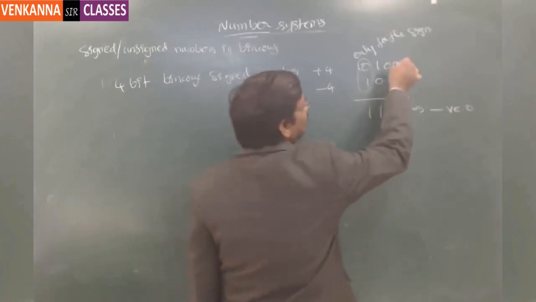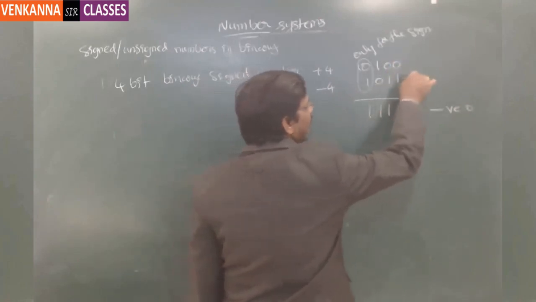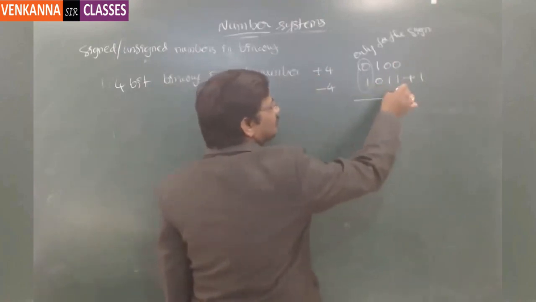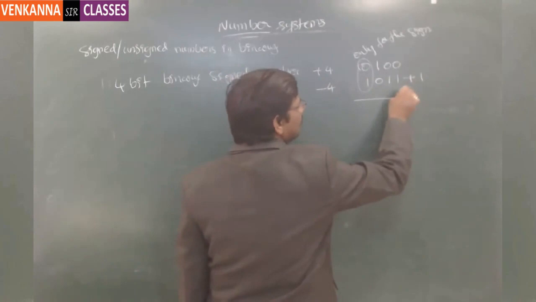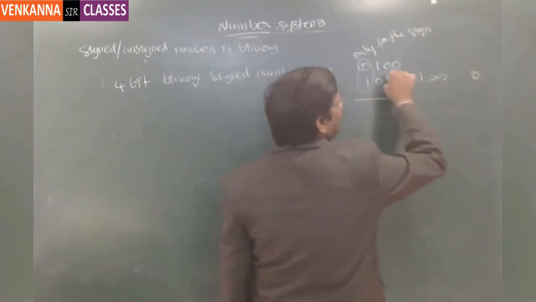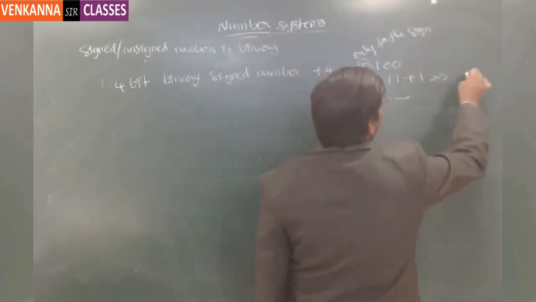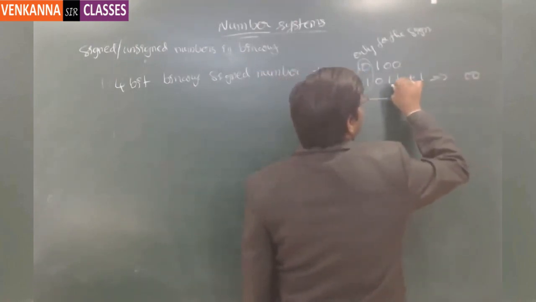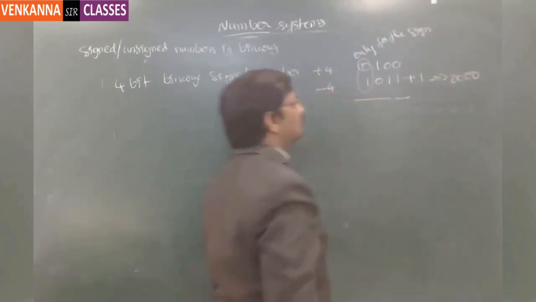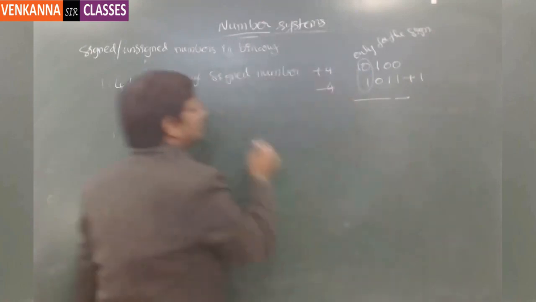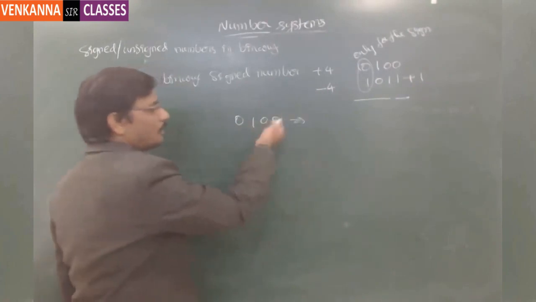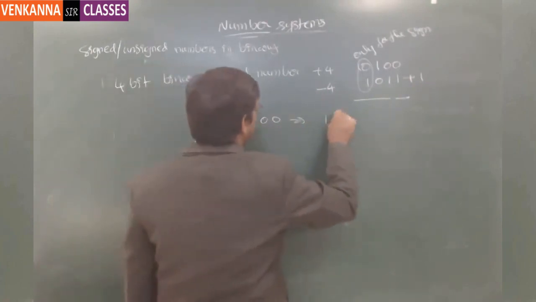The 2's complement takes the negation of it and then adds a plus 1 to it. So this is 0 1 0 0. The 1's complement of this is writing the opposite of it. The opposite is 1 0 1 1.